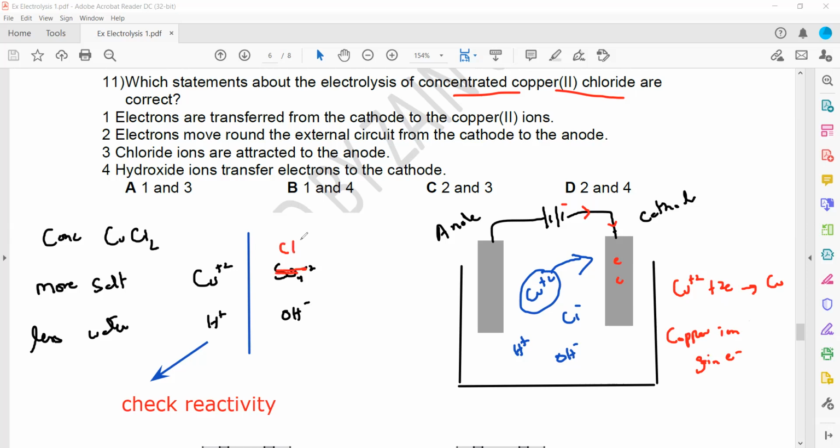It is chloride because it's copper chloride. When we check the negative ion, the chloride ions are more in the solution, so they will move towards the anode. So for the anode equation, 2 chloride ions lose 2 electrons and turn into a chlorine molecule.